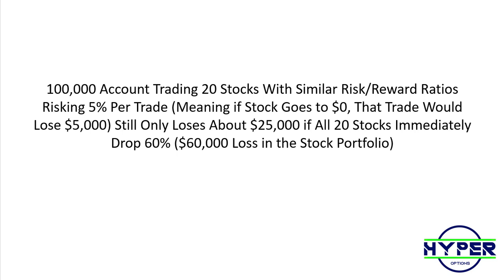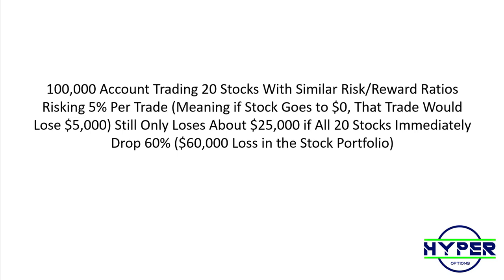However, if all 20 stocks dropped 60% and they were similar to trade number 3, which I just went over, you would be looking at a $25,000 loss in your account versus a $60,000 loss in the actual stock portfolio if you were to buy and hold.